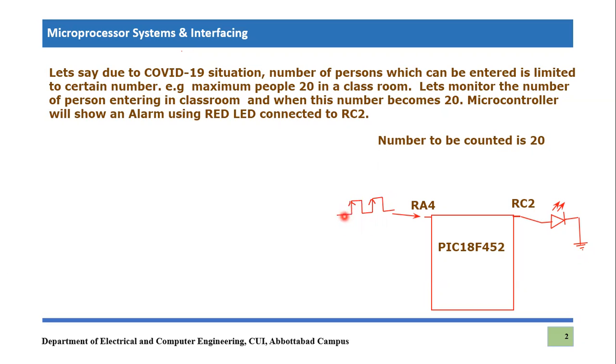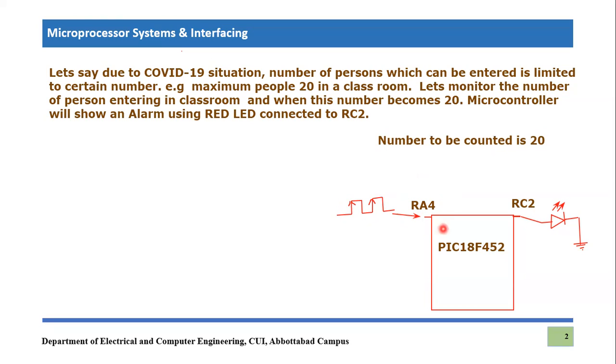It will go from low to high or high to low, right? So it will generate low to high or high to low pulses, and those pulses will be fed to the RA4 pin. Remember, the RA4 pin is used as the external clock source for timer 0. So the RA4 pin will be connected to the sensor which is sensing the number of people entering the room.